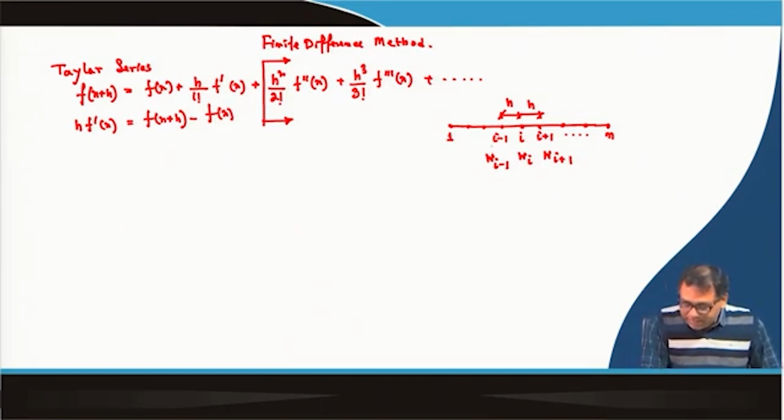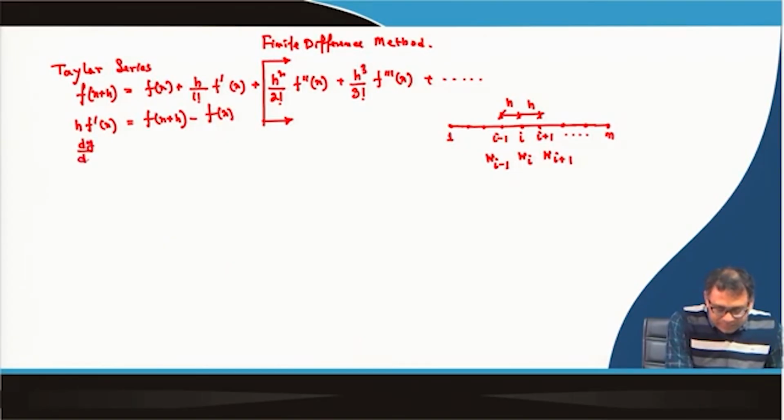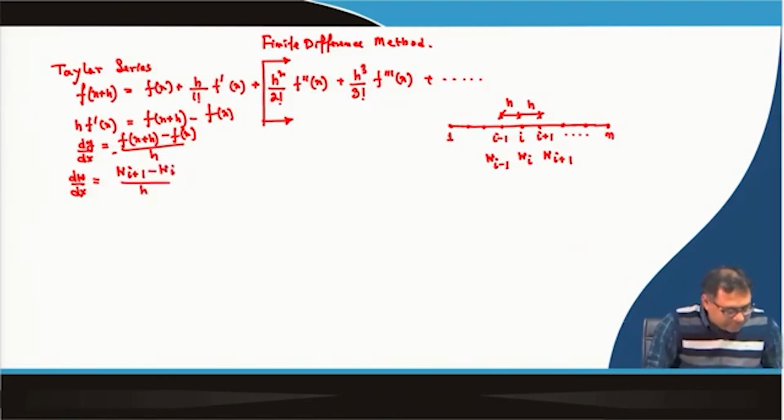Now I can write this equation in terms of deflection: f dash x, that means dy by dx, is equal to f of x plus h minus f of x by h, or I can write dw by dx is equal to w i plus 1 minus w i divided by h.